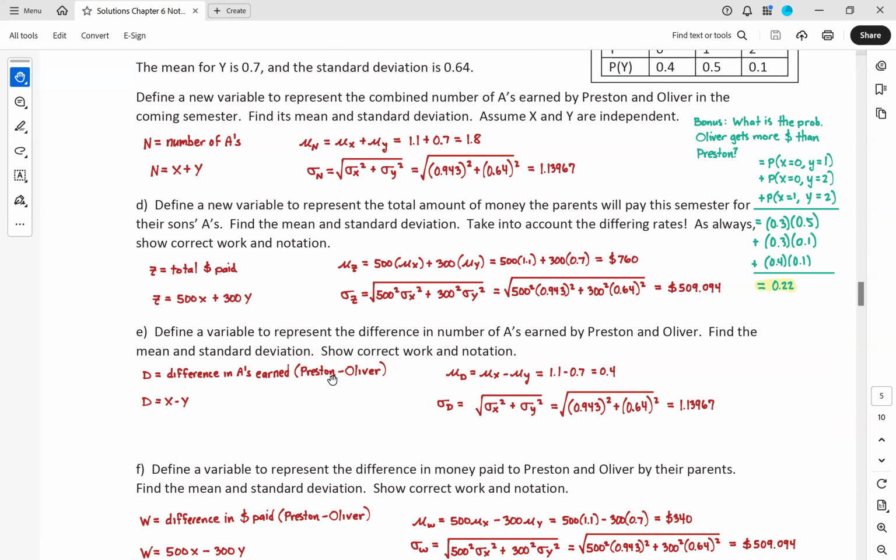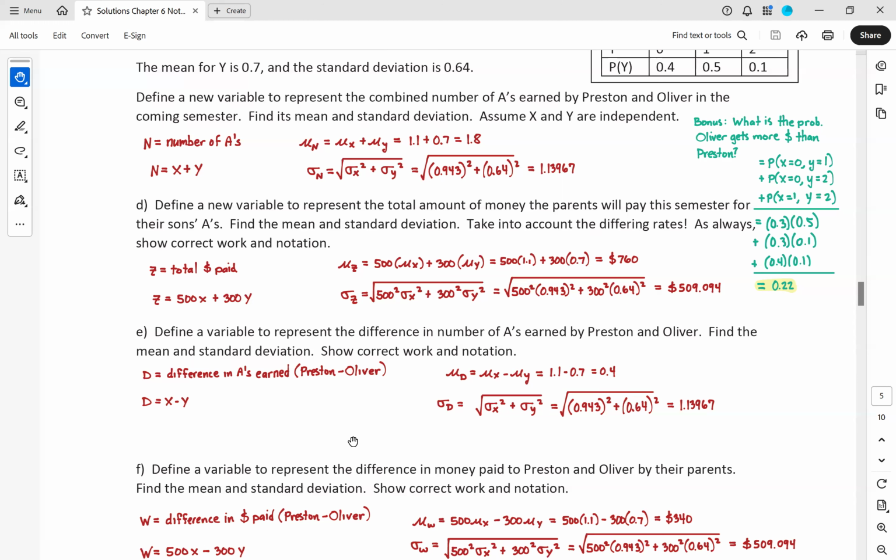So let's decide that the intent here was Preston minus Oliver, in which case my variable D for difference would be X minus Y. And as always, the updated mean will be very intuitive. I can simply take the original X mean minus the Y mean. All right, so on average, the difference in the number of A's between these two characters each semester is 0.4.